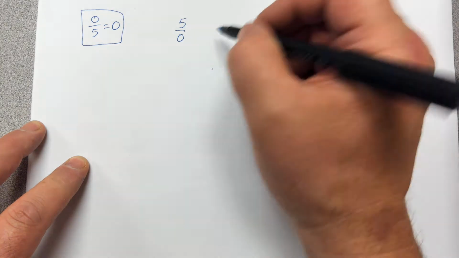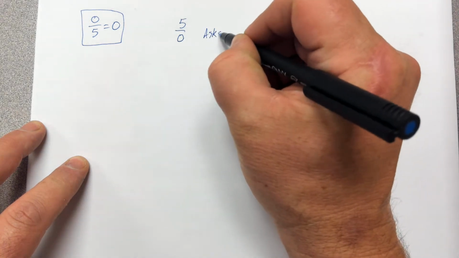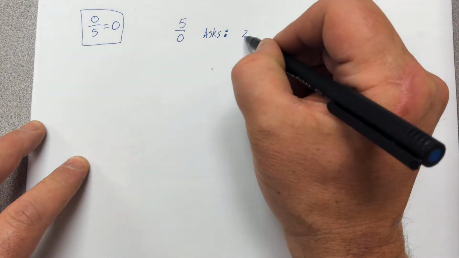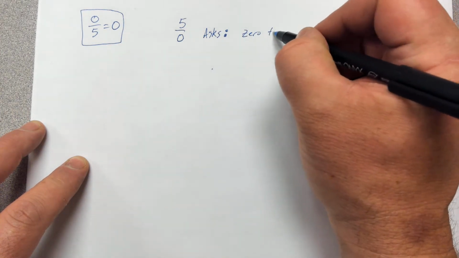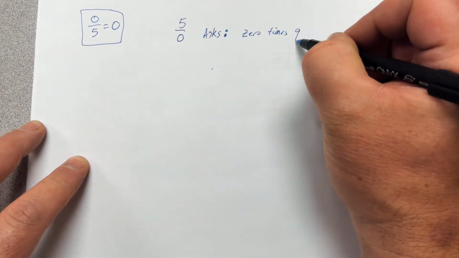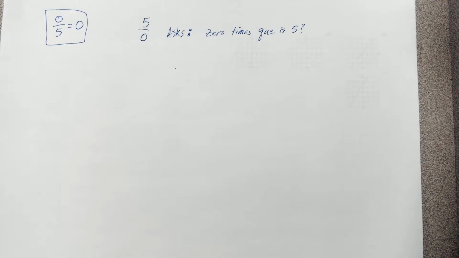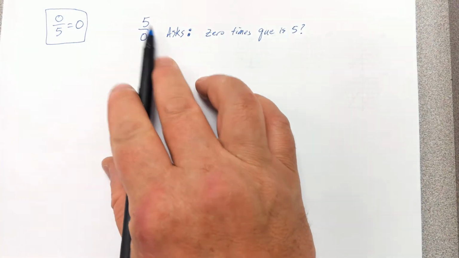This one, it's asking, 0 times what is 5? Well, 5 times 5 is 25. Oh, 0 times 5 is 0.